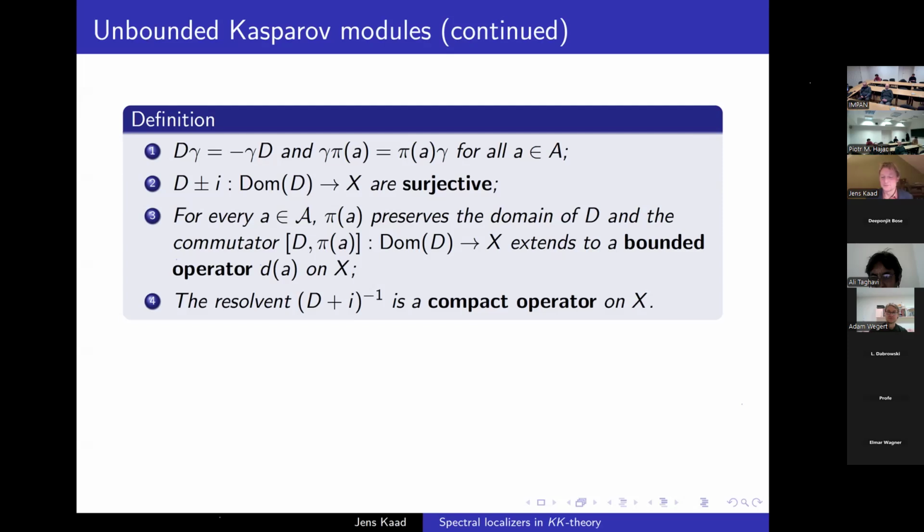So, maybe I should point out that this little d here actually gives you a derivation defined on curly A with values in the bounded adjointable operators on capital X. And because capital D is closed, this derivation is going to be closable.